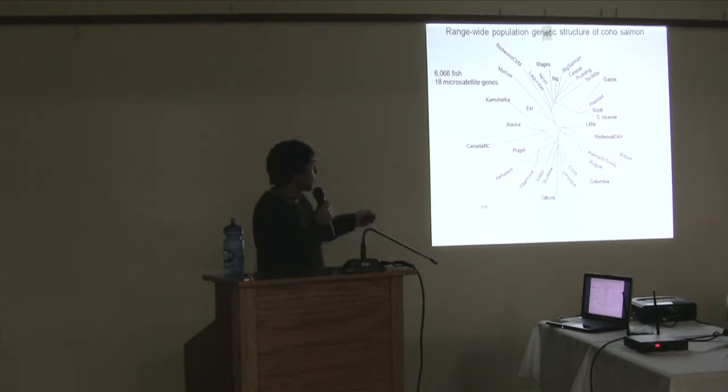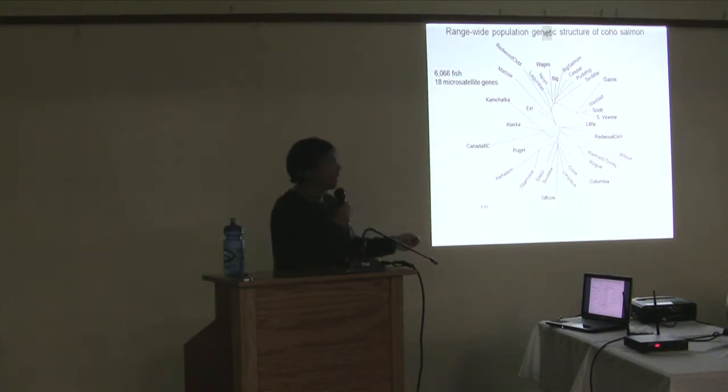And one thing I want to point out about these trees is that the important things are the pattern of branching in these internal parts of the tree and the lengths of those internal branches. The lengths of the terminal branches are really not that important. Those have to do with sample sizes, sampling effects, and a variety of other things.